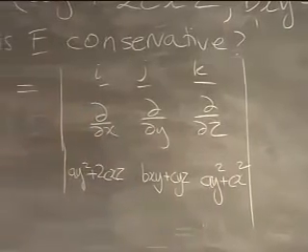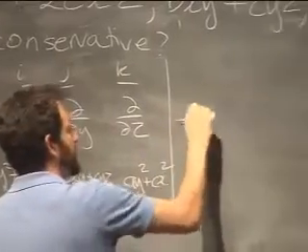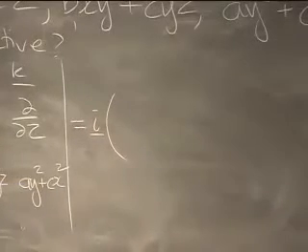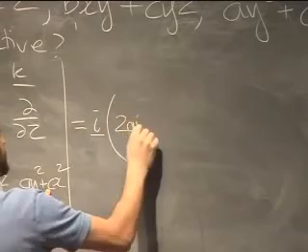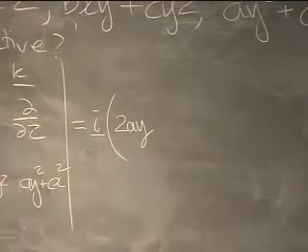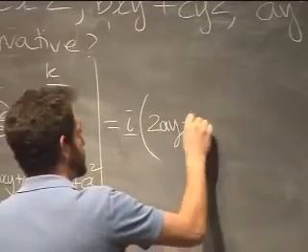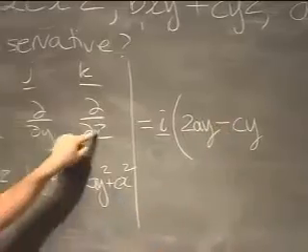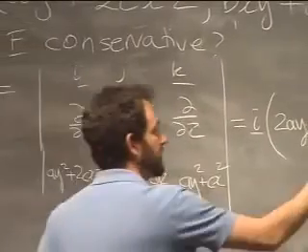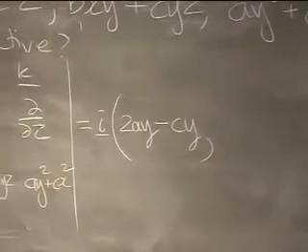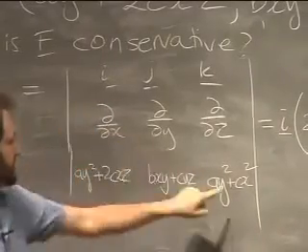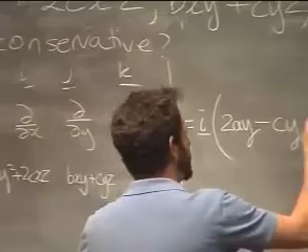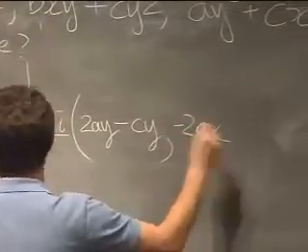All right, now we just compute this like a determinant. The i-coordinate is, you take d/dy of this, which is 2ay, minus d/dz of this, which is cy. For the j-coordinate, you need the negative of the d/dx of this, so that's going to give us a minus 2cx.